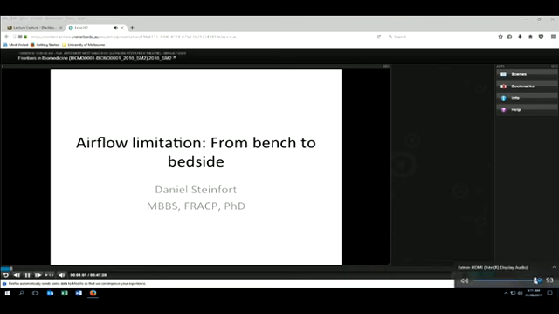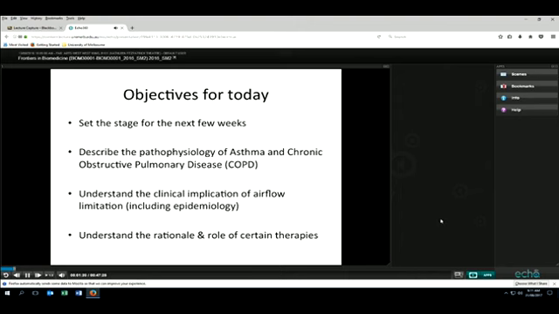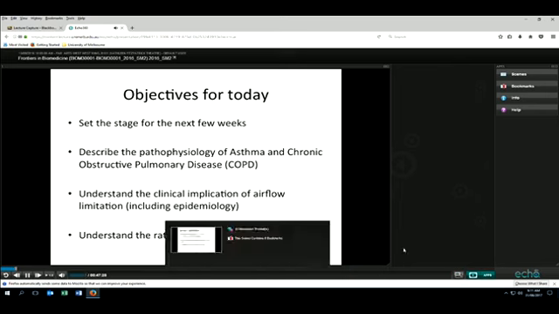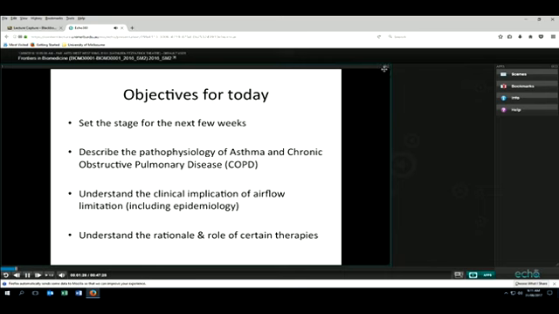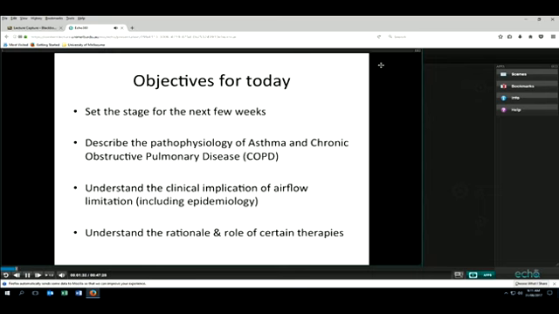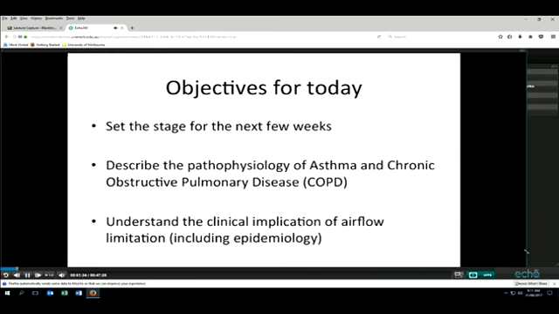Hi everyone, thanks for coming. We might make a start on the lecture today. So I'm presenting airflow limitation from bench to bedside, and this is essentially going to focus on the two commonest causes of airflow obstruction, and both compare and look at the similarities between the two, and also contrast the underlying physiology and the pathobiology and what that means for the clinical course of these two conditions, and also the differing treatment options and the differing responses to treatment.